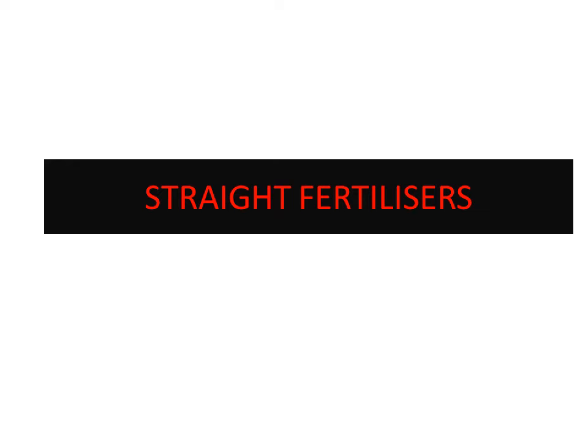Another straight fertilizer we have is phosphatic fertilizer. Examples of phosphatic fertilizers, pupils, are as follows. We have TSP, meaning triple super phosphate. Another example of phosphatic fertilizer is DSP.